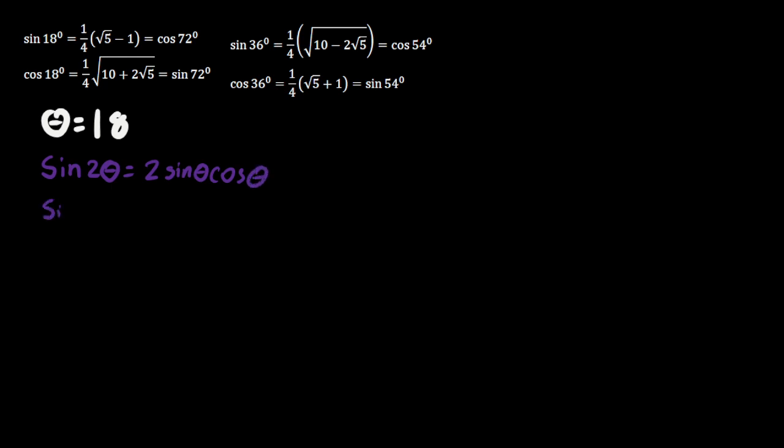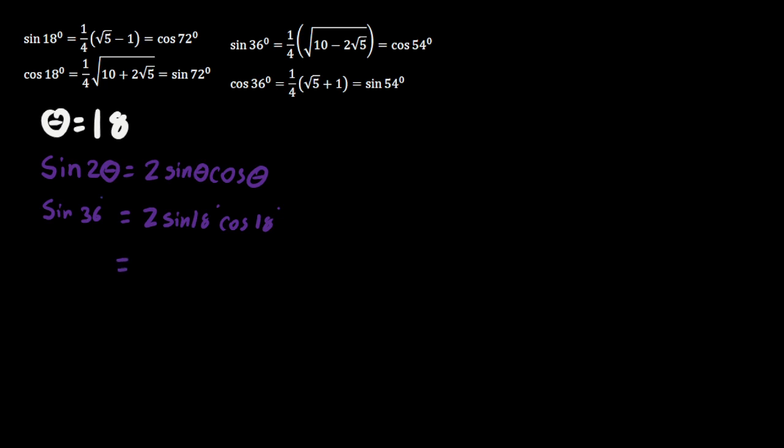So sine 36, because 18 times 2 is 36, is equal to 2 sine 18 cos 18.